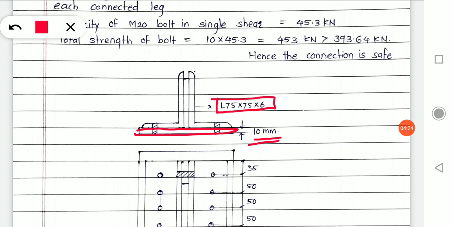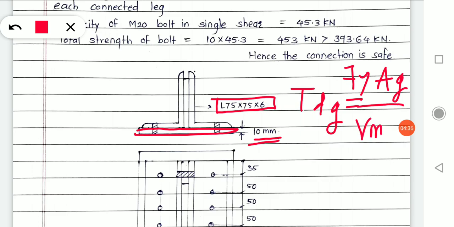Now, if I calculate TDG for this, the formula is Fy into Ag divided by gamma m0, right? Fy is a material property and that remains the same because I have not changed the material for that angle, and I have not changed the size of that angle. Then Fy will remain 250 MPa. Then gross area: if the angle size is not changed, will Ag change?